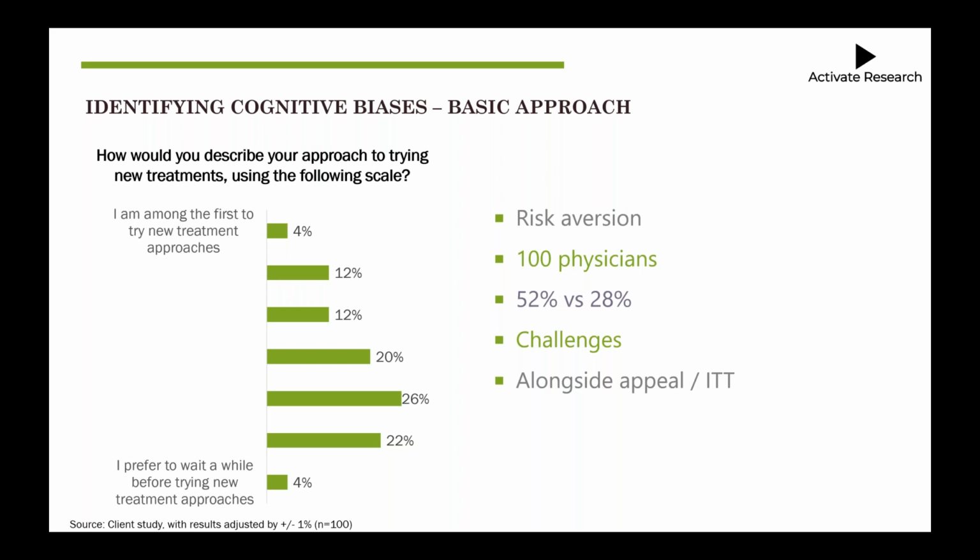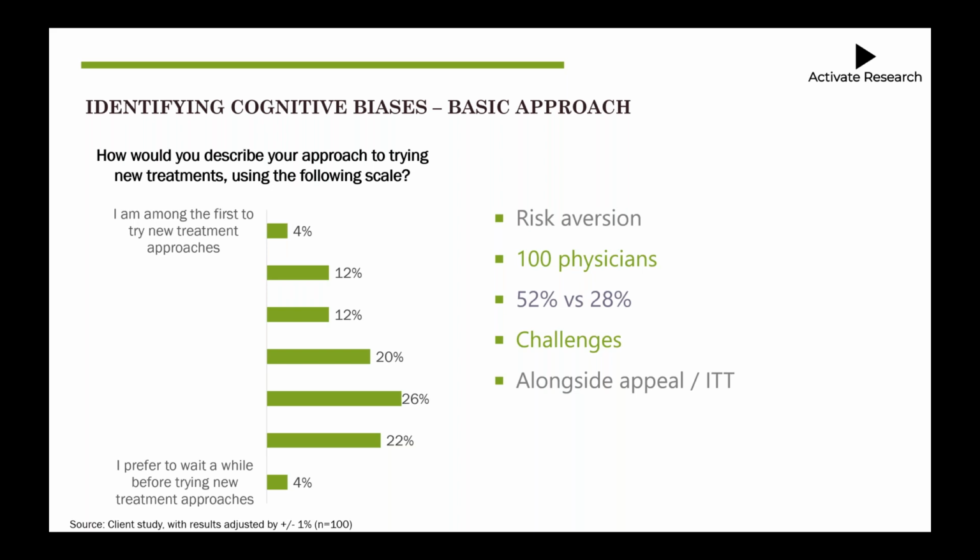So not everybody is risk averse, but we can see there's quite a high instance of risk aversion within this particular population. And this can present challenges to uptake, in this case, of this new treatment. Regardless of what people say about the appeal of a particular treatment or their intention to use it, many of these factors, like risk aversion, can present significant challenges to product uptake in the real world.